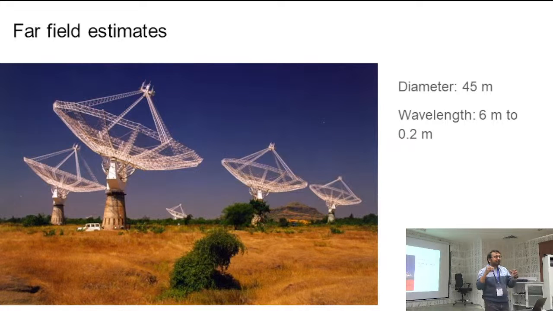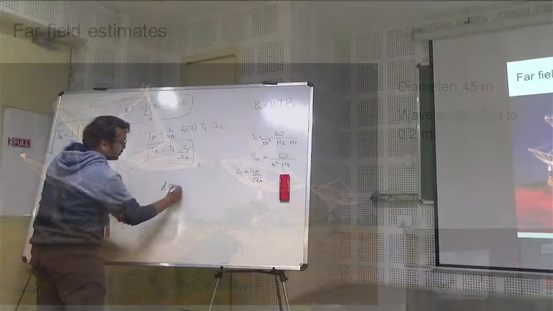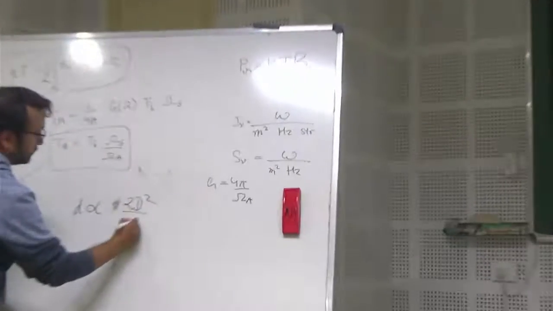So if you want to really do a beam pattern measurement, of course, you have to be sufficiently far. That sufficiently far is far field, and that far field for these kinds of telescopes is very high. If you want to get a sense of how far you have to be, it's proportional to 2D squared by lambda.